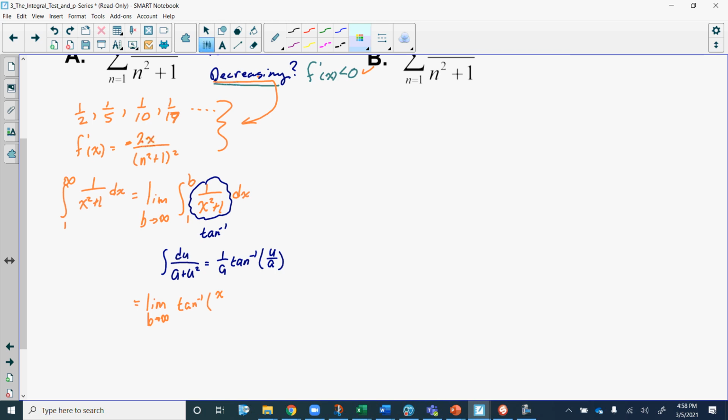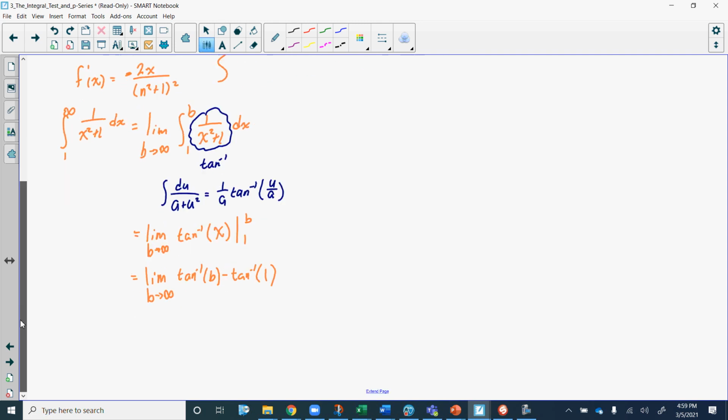So I don't need to write it as a fraction. I can just write it as inverse tan of x, and we're evaluating it from 1 to b. So now we're going to end up with the limit as b approaches infinity of inverse tan of b minus tan inverse of 1.